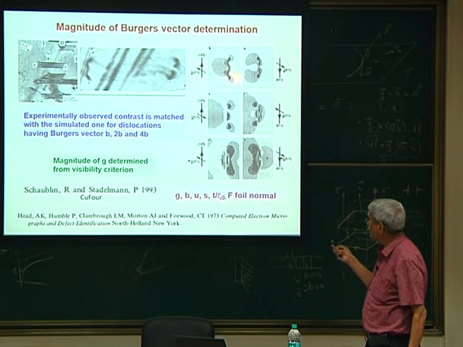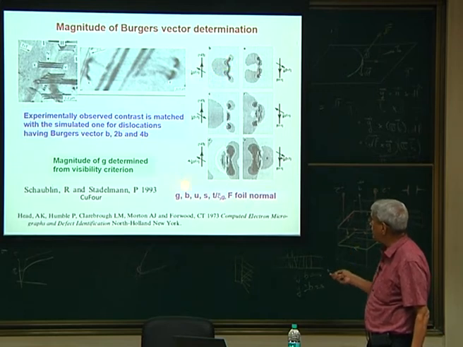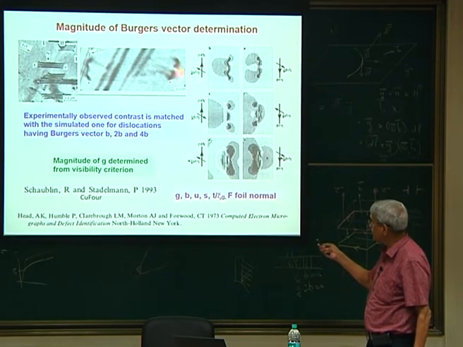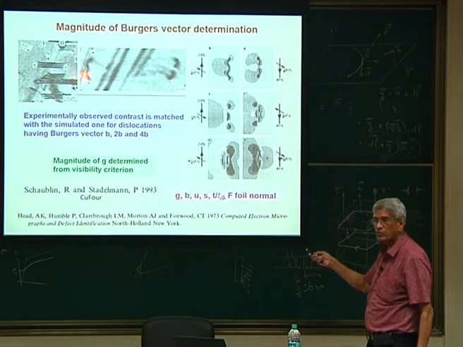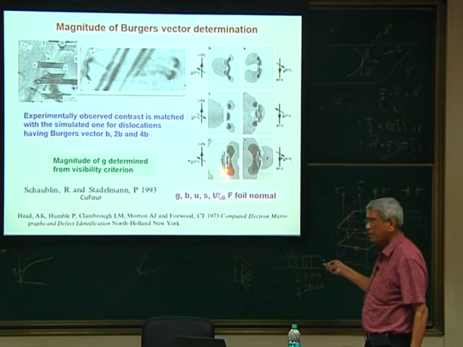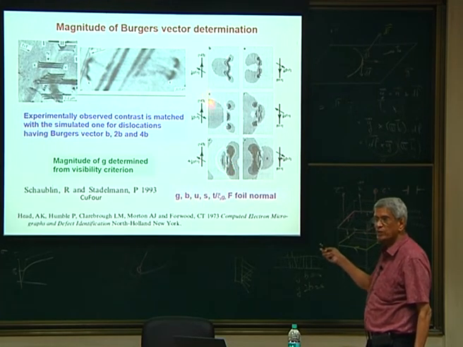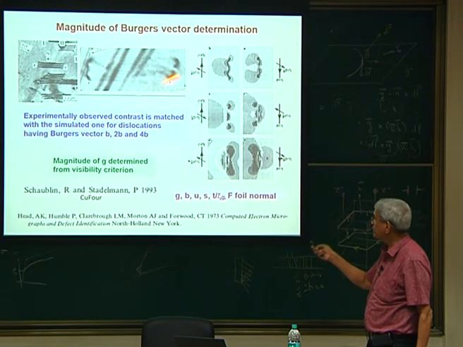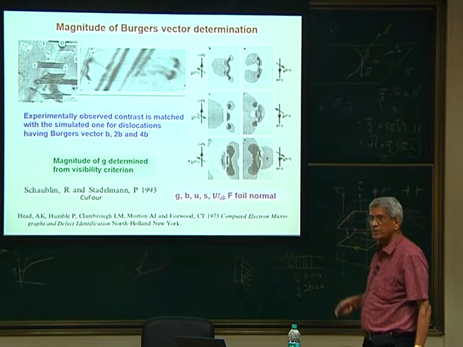Now you can see that this particular image, when I take b to be equal to 1/6<112>, matches perfectly with the image which I experimentally obtained, but not these images. Under the same identical conditions, only the b is different. So from this I can conclude that the Burgers vector of this dislocation partial is this one.